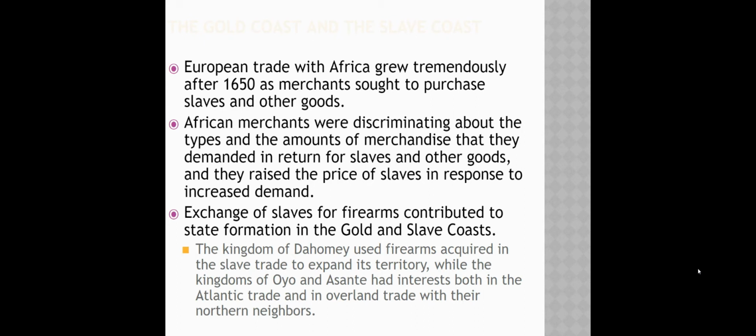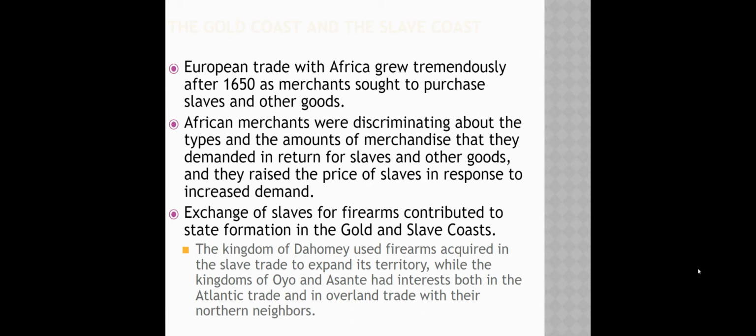African merchants were discriminating with the types and amounts of merchandise they demanded in return for slaves and other goods, and they raised the price of slaves in response to increased demand. African governments on the Golden Slave Coast were strong enough to make Europeans observe African trading customs, while the Europeans, who were competing with each other for African trade, were unable to present a strong, united bargaining position.